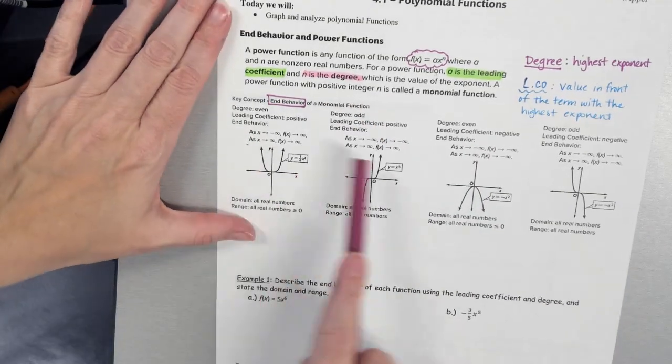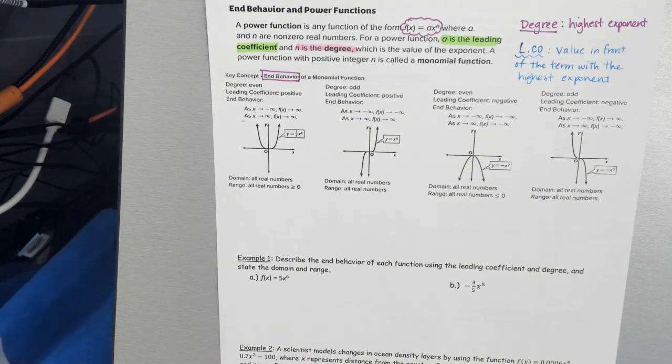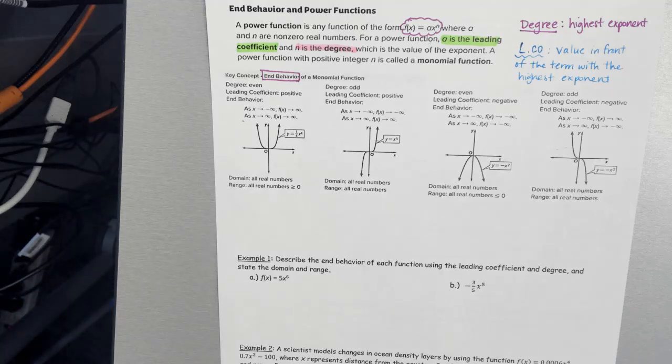And as you're looking at these, we're going to try to come up with some rules of similarity. Okay, so some of these graphs have things in common. I want you to look at the two even graphs and see if you can find something they have in common. So two of the graphs say the degree is even. Okay, can you highlight which two are even?